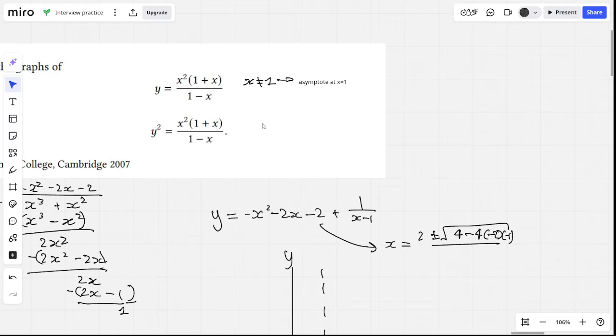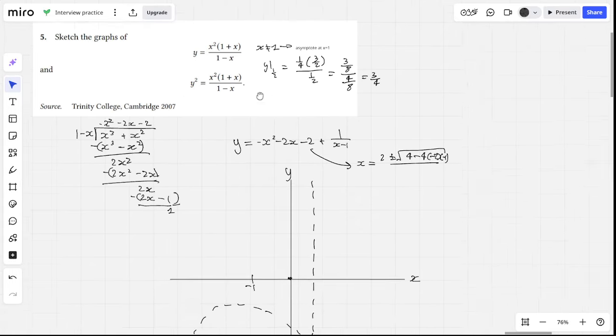y is equal to a half. This is going to be a quarter times 3 over 2, over a half, is 3 over 8 over 4 over 8, which is 3 over 4, which is a positive number.